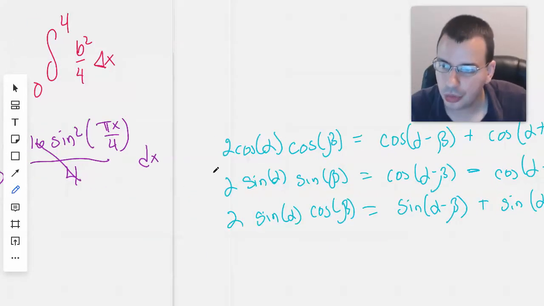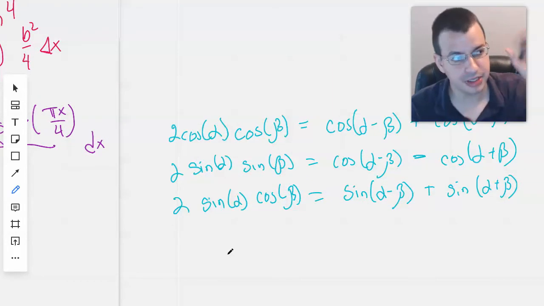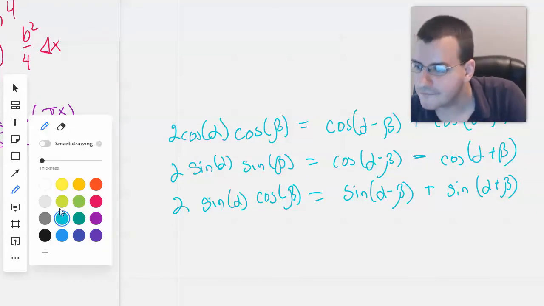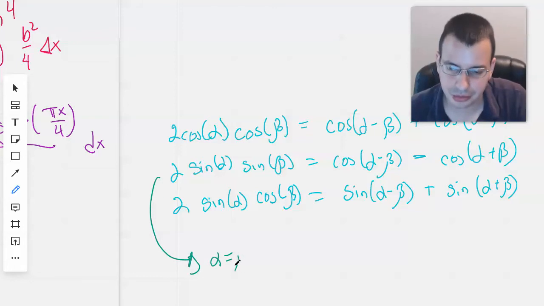The way we solve this is, what we want is the sine squared of x. So to get sine squared of x, we say, all right, alpha equals beta.